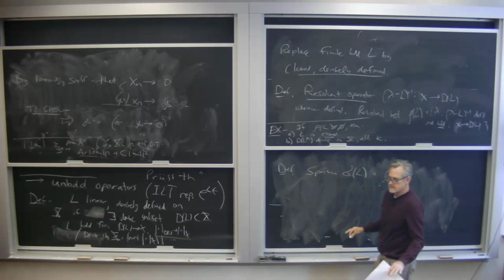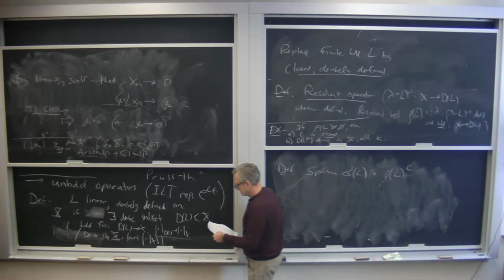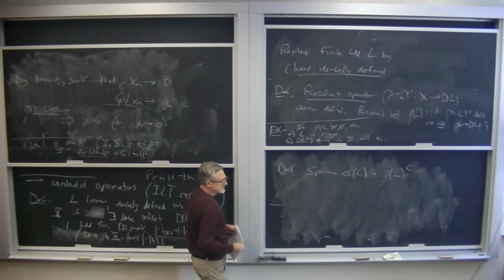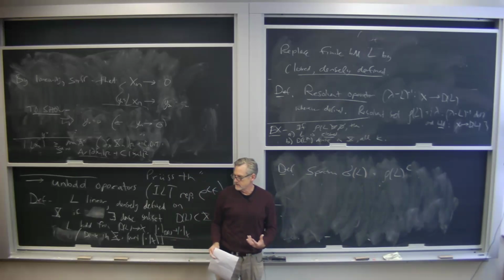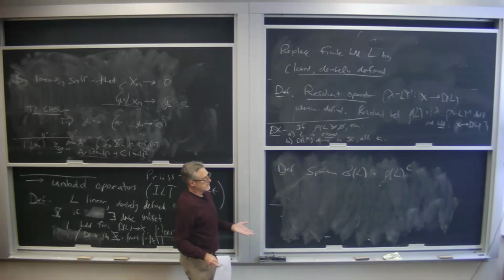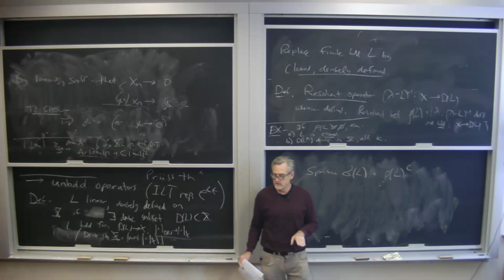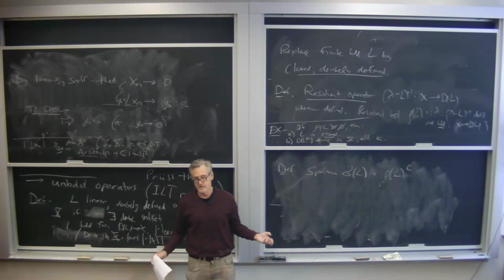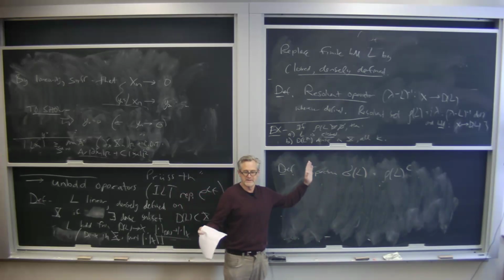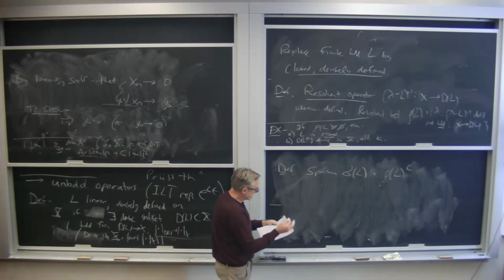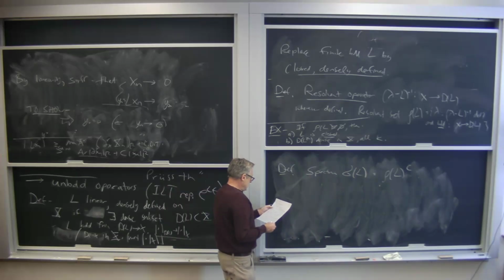It's everything that's not in the resolvent set. So this replaces and enlarges the idea of an eigenvalue. Remember, for matrices, the resolvent set was everything except for the eigenvalues of the matrix. So it works perfectly. But this could be bigger.